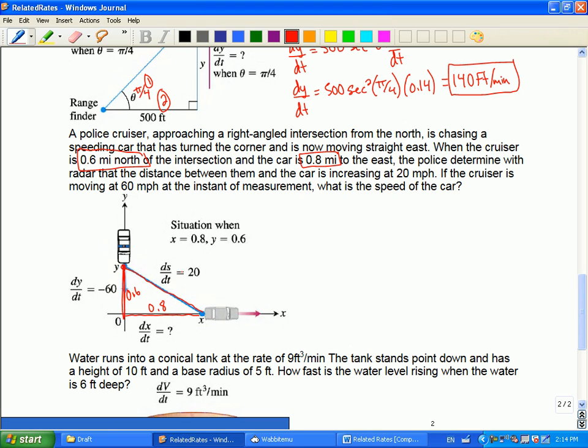So that's what they have here. Not sure why they used s as the variable, but anyways, ds dt, the rate of change of this, is 20. So based on this picture, how can you get a relationship between all these pieces? According to this, that's y, that's x, and that's s.